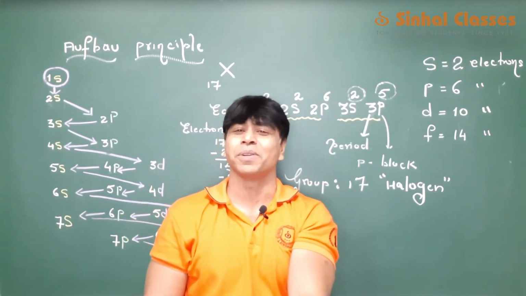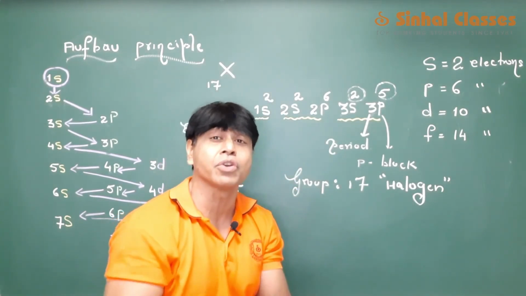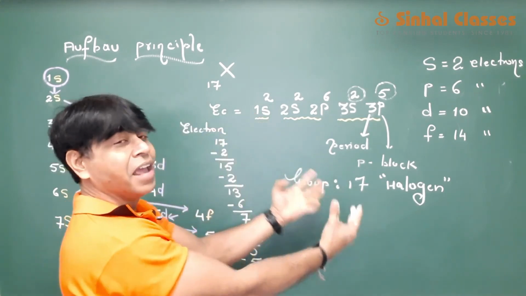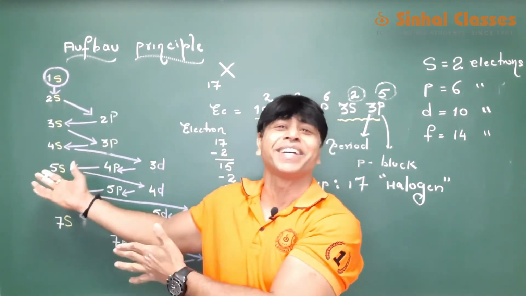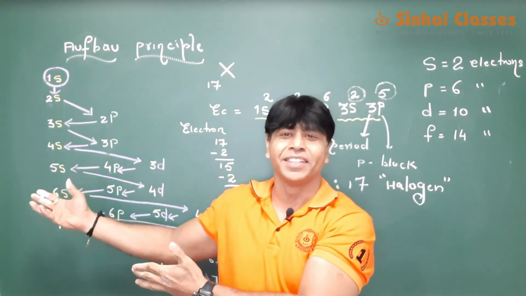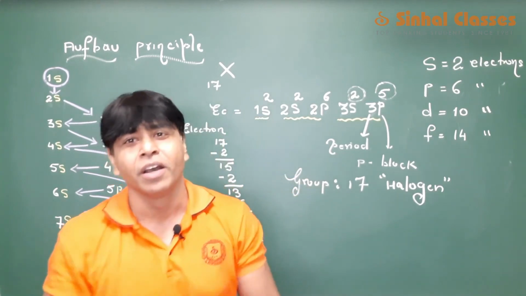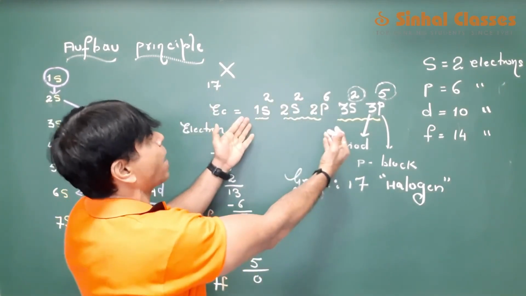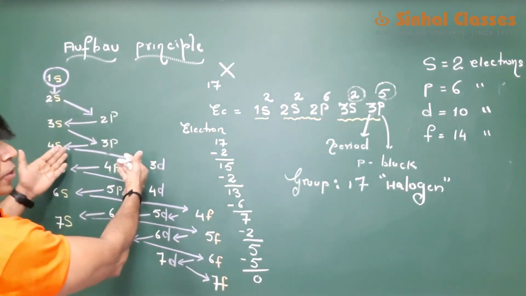So group 17, 7th group of Mendeleev and 17th of Moseley's periodic table. So in this manner, you can write the electronic configuration of any element and know the position of that element in the given periodic table. Okay? Great. So I believe all of you have understood the important part of writing the electronic configuration in this manner.